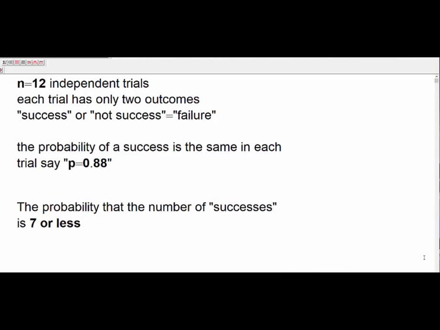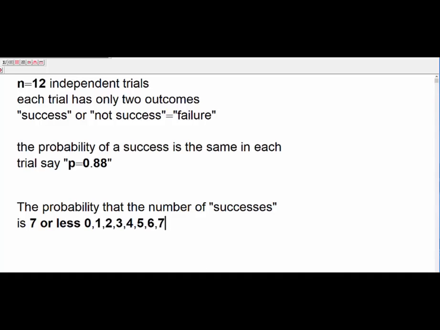Now let us look at a situation in which we have to compute the probability that the number of successes is 7 or less, which means it is either 0, 1, 2, 3, 4, 5, 6, or 7. So what we are doing is accumulating all the outcomes starting from the beginning to 7.